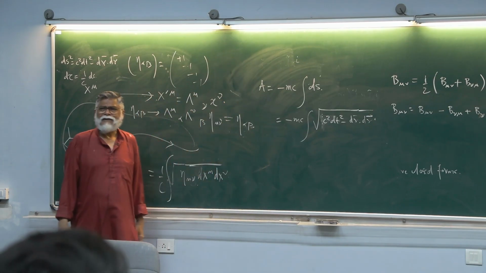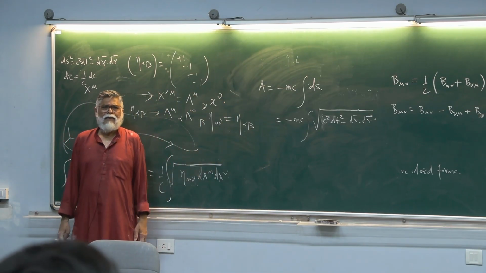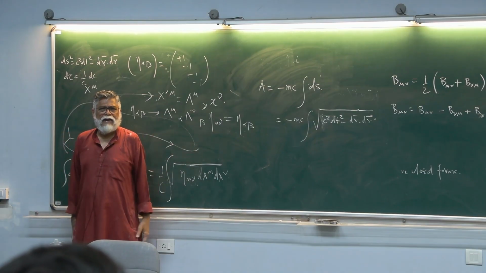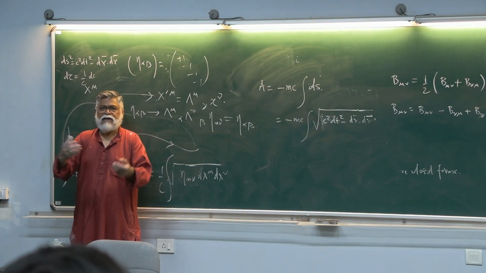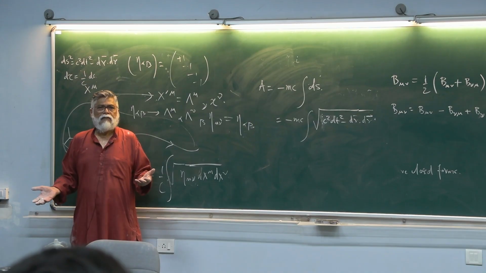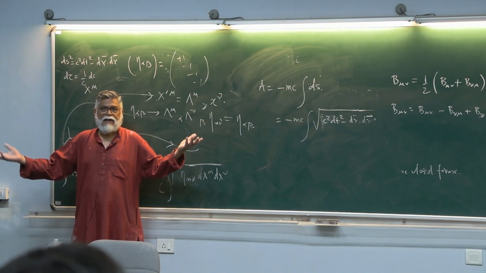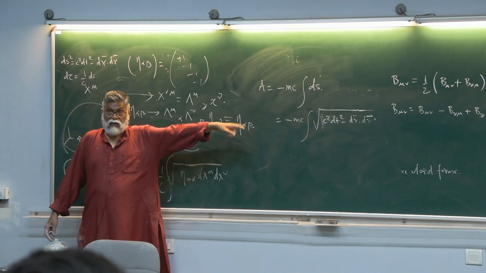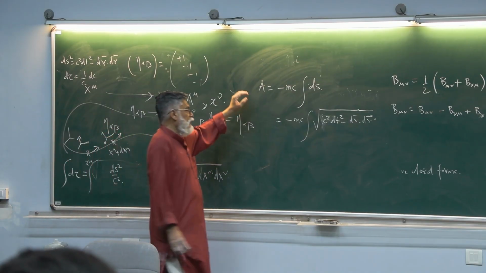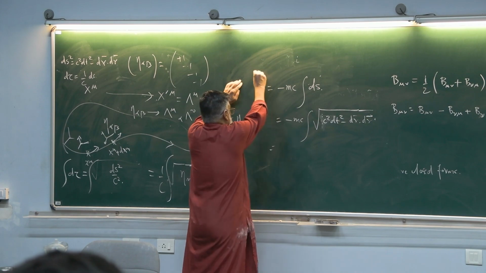That is the action. But someone will come and say, hey, but when we did Newtonian mechanics, our action for a non-relativistic particle was nothing like this. The Lagrangian was the kinetic energy. But I will now prove it follows from this. First, let me rewrite.